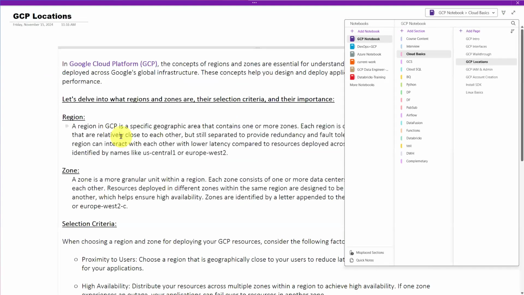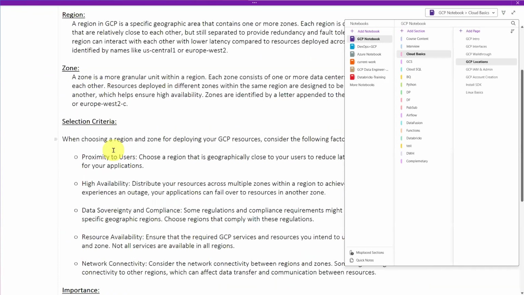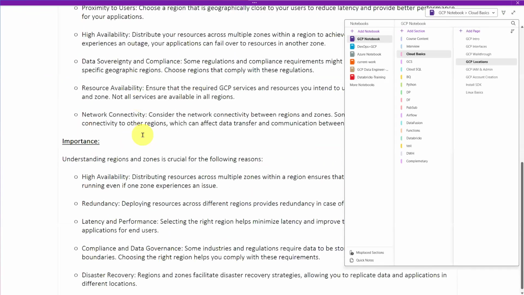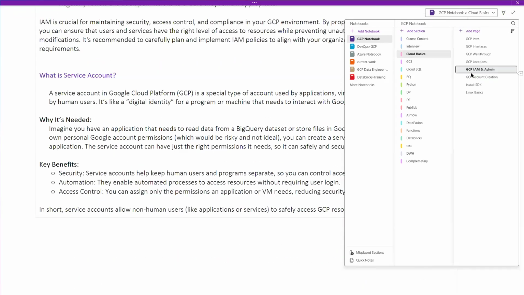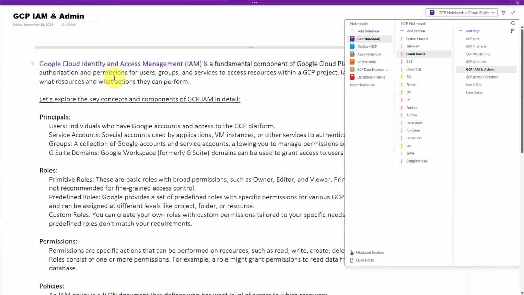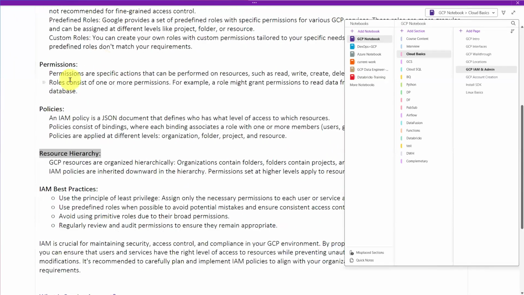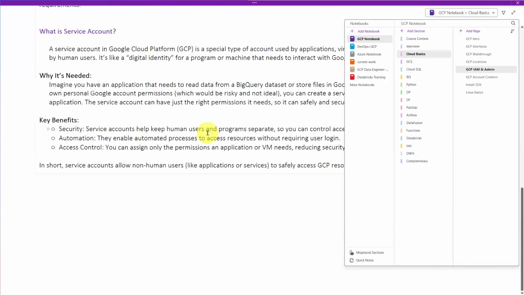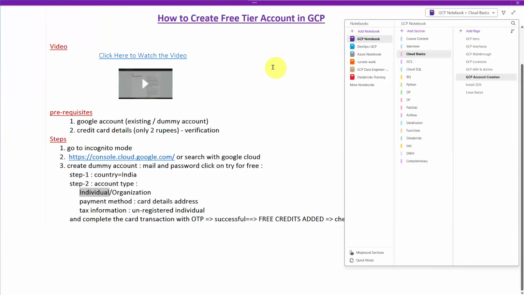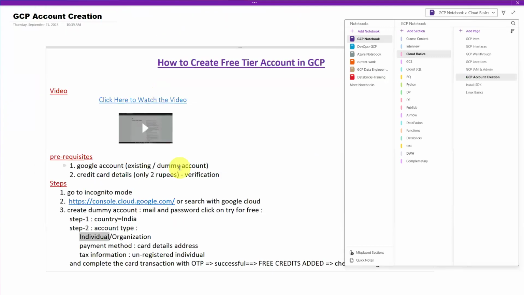GCP locations: what is region, what is zone, selection criteria, and importance. And GCP IAM and admin: what are principals, roles, policies, resource hierarchy, what is a service account, why it is needed, how do we create it.